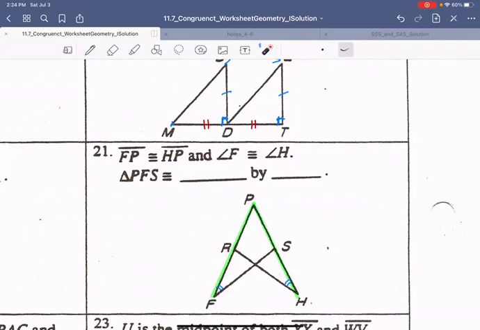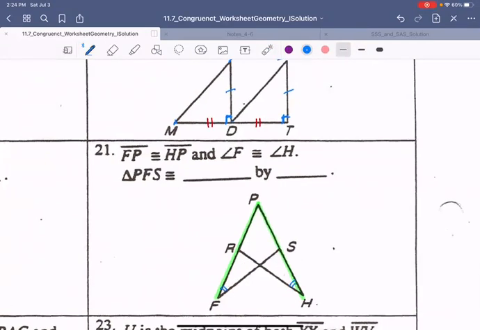Angle FPS is congruent to angle HPR. Very good. Angle P is congruent to angle P by reflexive property. Now you want to give the conclusion.